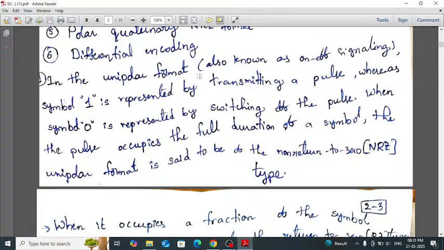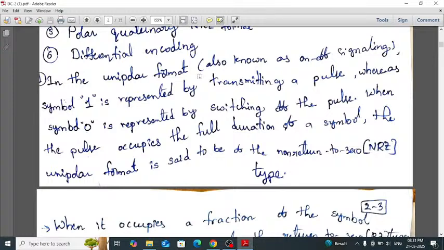Sometimes on-off, sometimes unipolar. Why the name is unipolar: uni means single polarity. The data is in terms of zeros and ones. For the symbol 1, we represent a positive amplitude level, and for 0, a 0 amplitude level. So we have only one polarity, that too positive, single polarity.